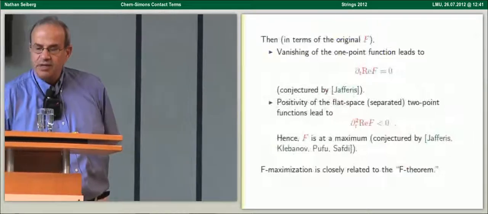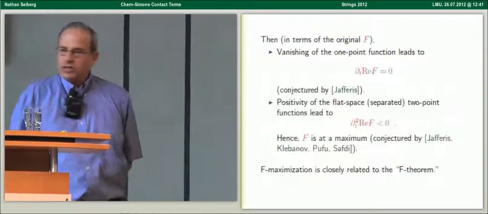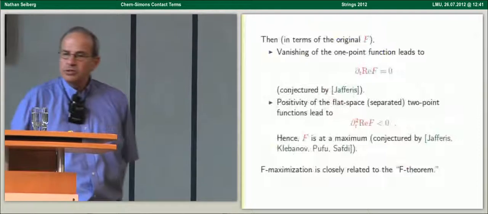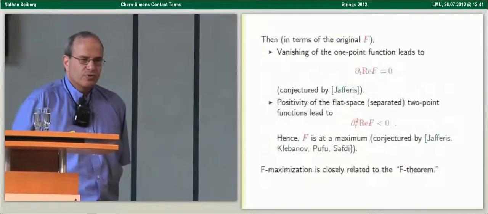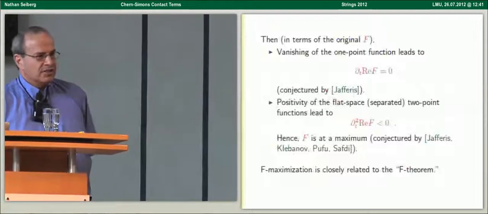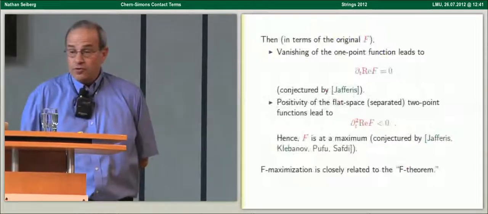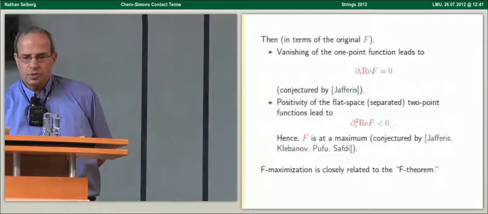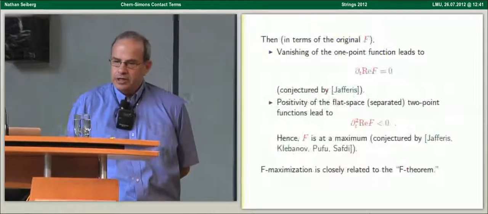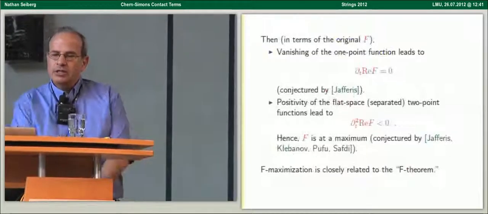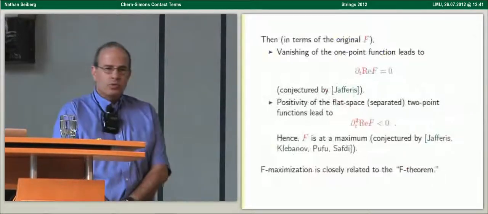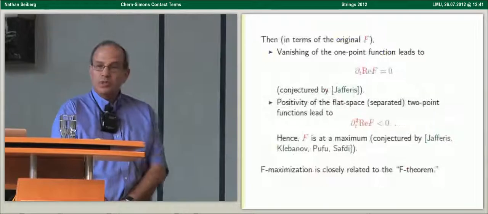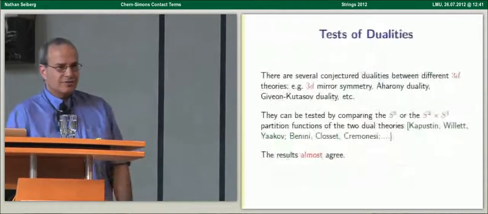This means that F is at a maximum. This result was conjectured based on a few examples by Jafferis, Klebanov, Pufu, and Safdi, and now we see that it follows trivially from using standard conformal field theory, once we fix this problem with unitarity. And there's a throwaway comment here that F maximization is closely related to the F theorem, which unfortunately is not represented well enough in this conference.